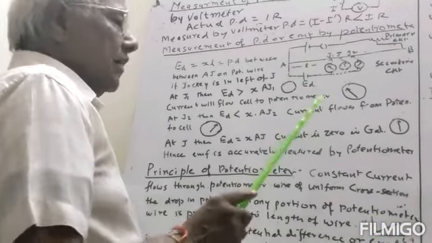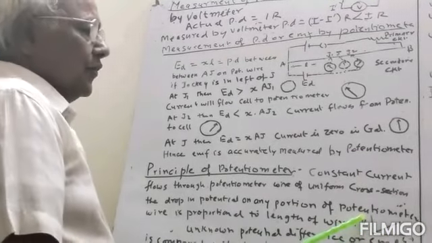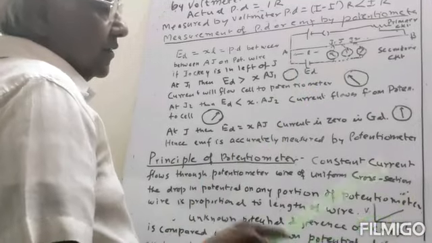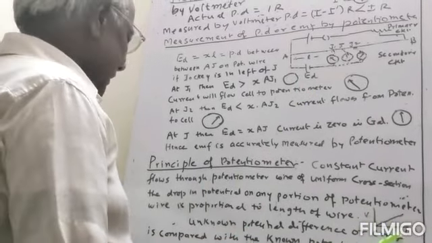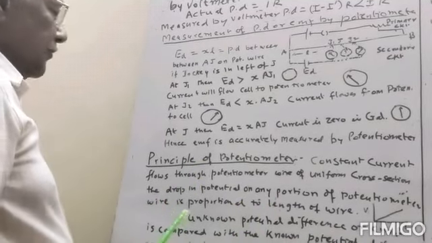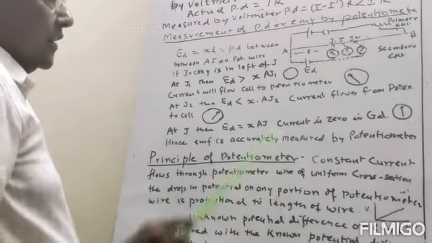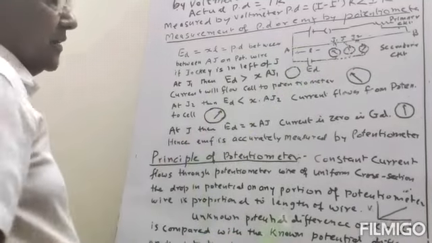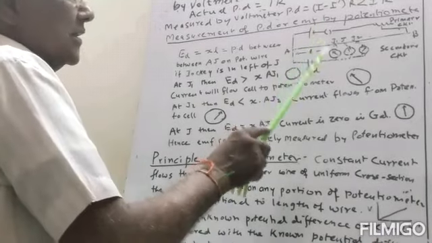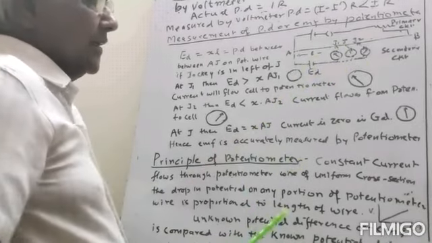So here the potential difference measured will be equal to X multiplied by L. So now we have to find, suppose, the unknown potential difference or unknown EMF. Suppose this EMF is the unknown EMF, or if we have here a resistance, then the potential difference is unknown. Then we will find it by balancing.